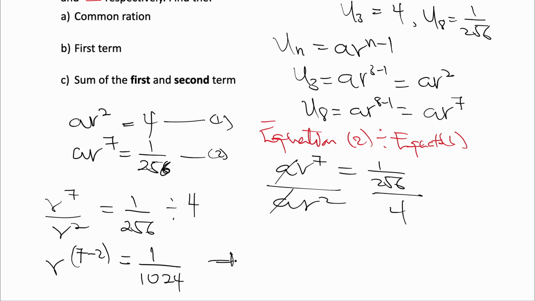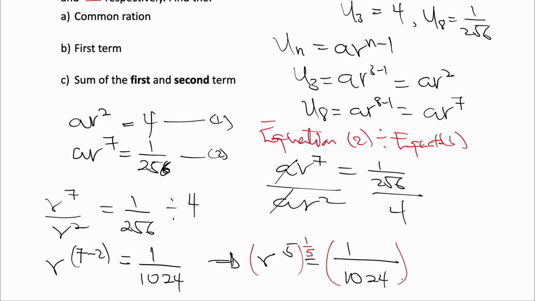So this brings us to r^5 is equal to 1 over 1024. So to find r, we multiply the exponent by 1 over 5. So that 5 cancels 5, then we have r raised to the power 1, which is the same as r.